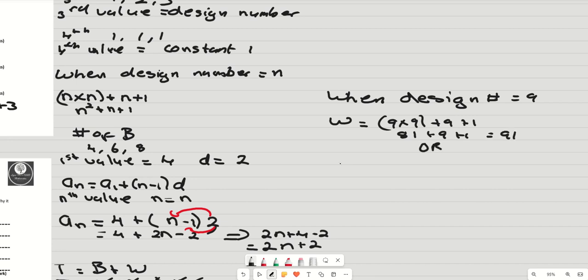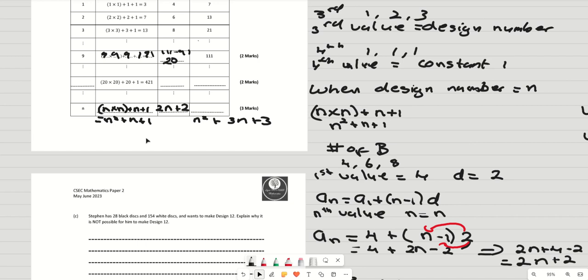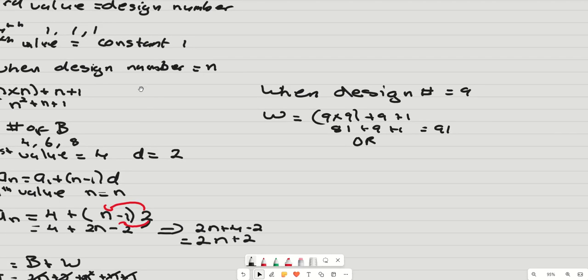Or you could have used the formula that we got for the white disk, n squared plus n plus 1. So our design number is equal to 9, so it would have been 9 squared plus 9 plus 1. That is, again, 91. So that's the first way.